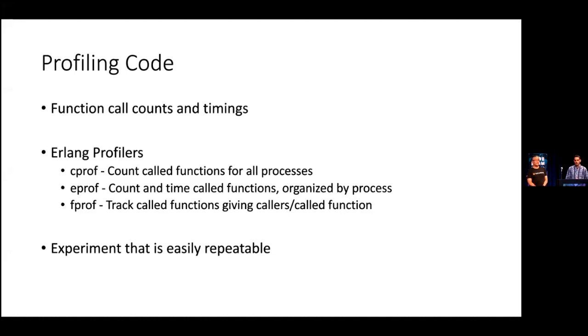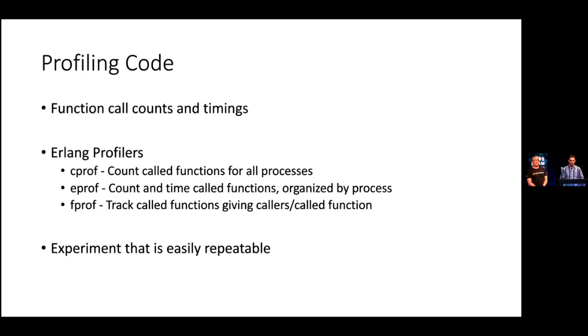We typically start by profiling the code. We want to know how many times each function is called and what time we spend in those functions. We used all three Erlang profilers.